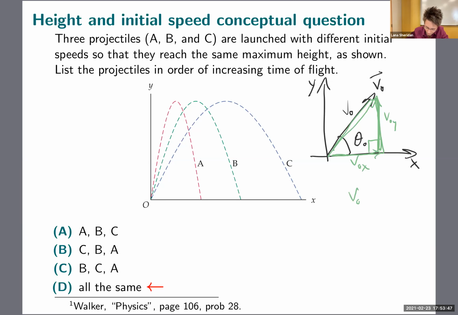So maybe I back up a minute. Sine theta would be v0y, the opposite side over v0, which implies that v0y is equal to v0 sine theta. And I can square that. Like I can square this, and it will still be equal.